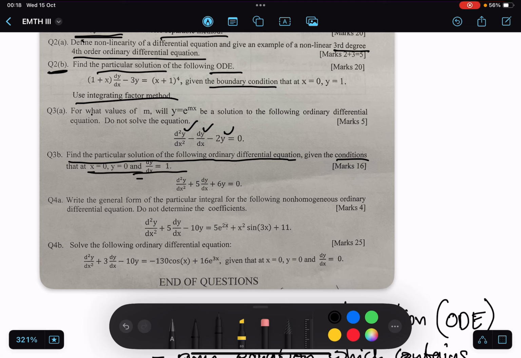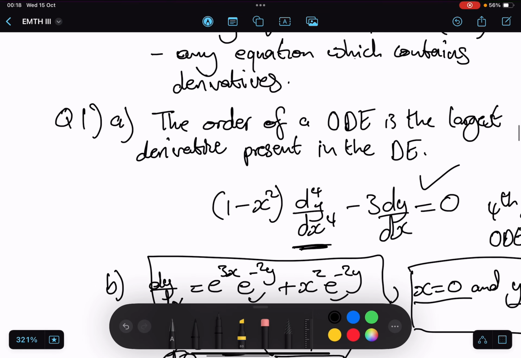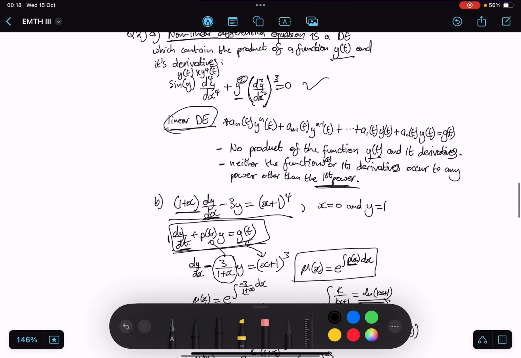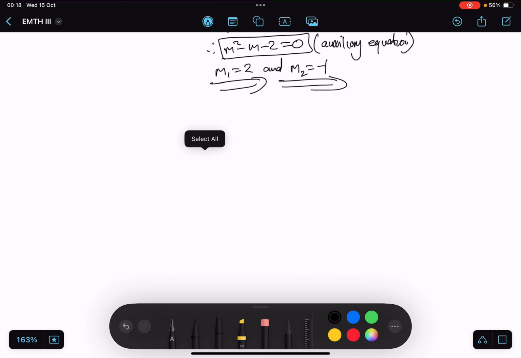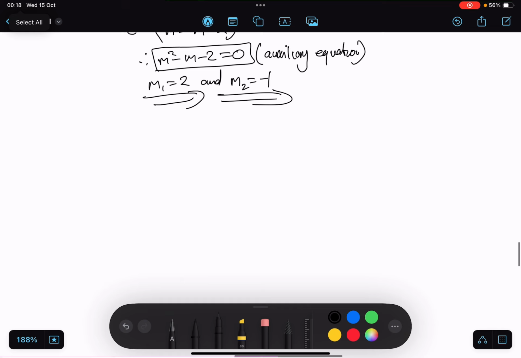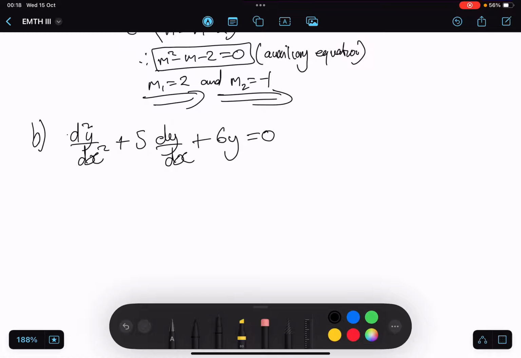Okay, so if we are solving this one, we are given d²y/dx² plus 5 dy/dx plus 6y is equal to 0.